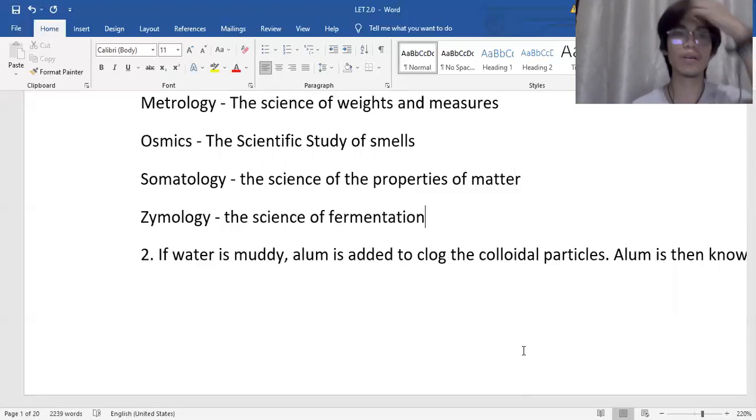We also have zymology, or the science of fermentation.